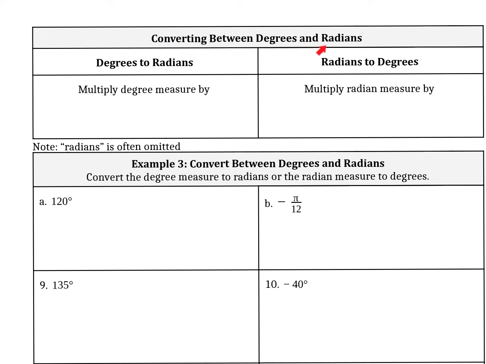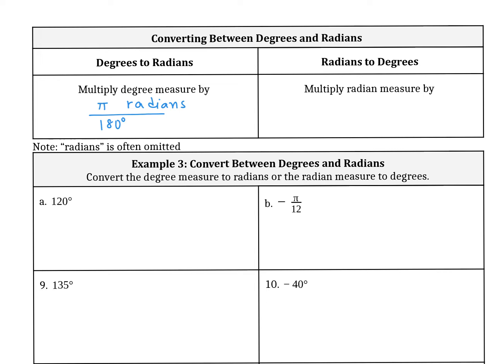Converting between degrees and radians. To turn degrees into radians, multiply the degree measure by pi radians and divide it by 180.